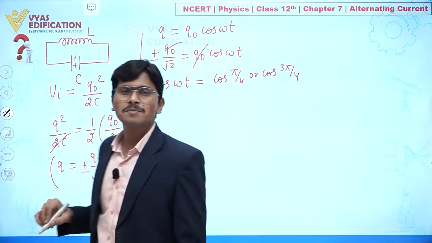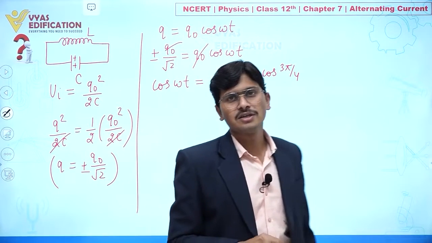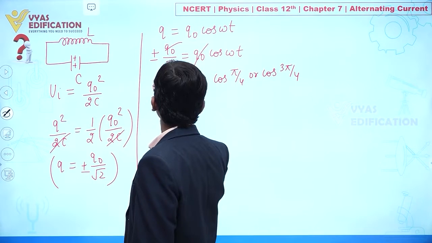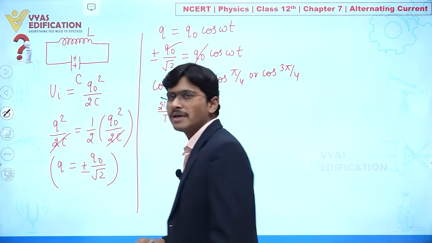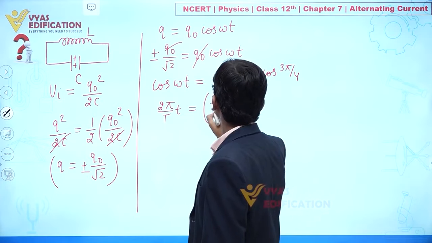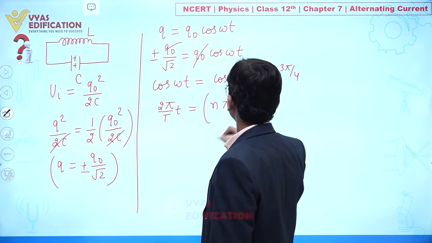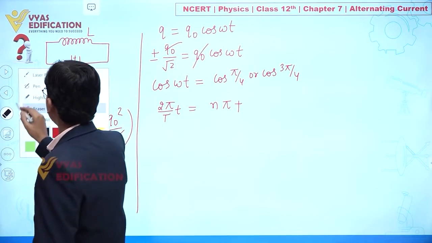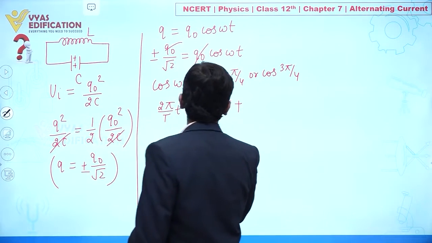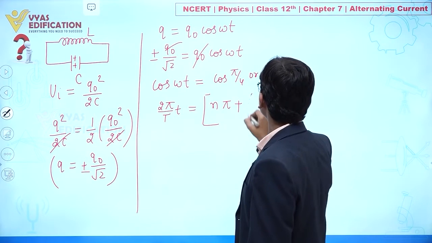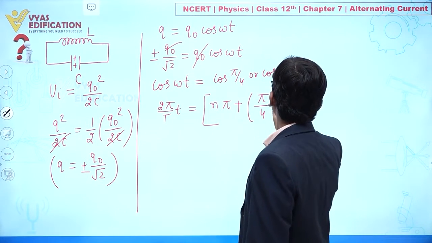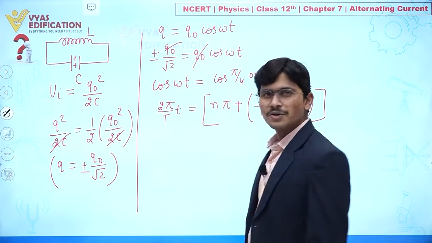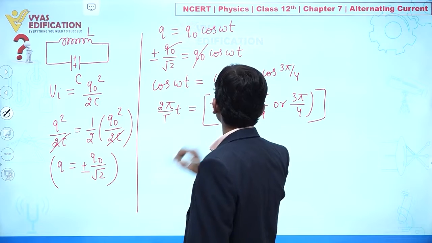But if I generalize this relation, I can write omega t, which is 2 pi by T multiplied by t, equal to n pi plus pi by 4 or 3 pi by 4. You can also write this as plus minus.